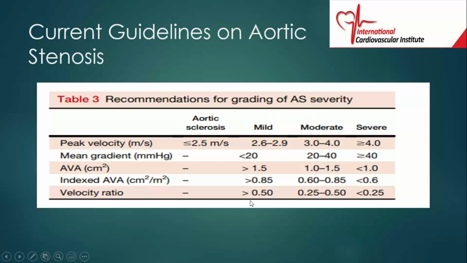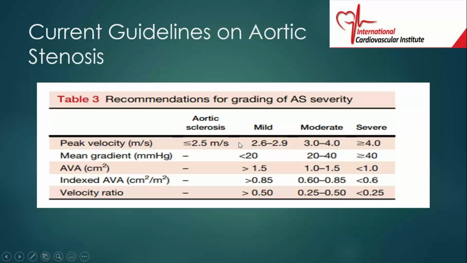All you need to remember now is mild. The peak velocity in mild aortic stenosis is about 2.6 to 2.9. The mean gradient is less than 20. The aortic valve area is usually greater than 1.5 centimeters squared, and the velocity ratio is usually greater than 0.5.